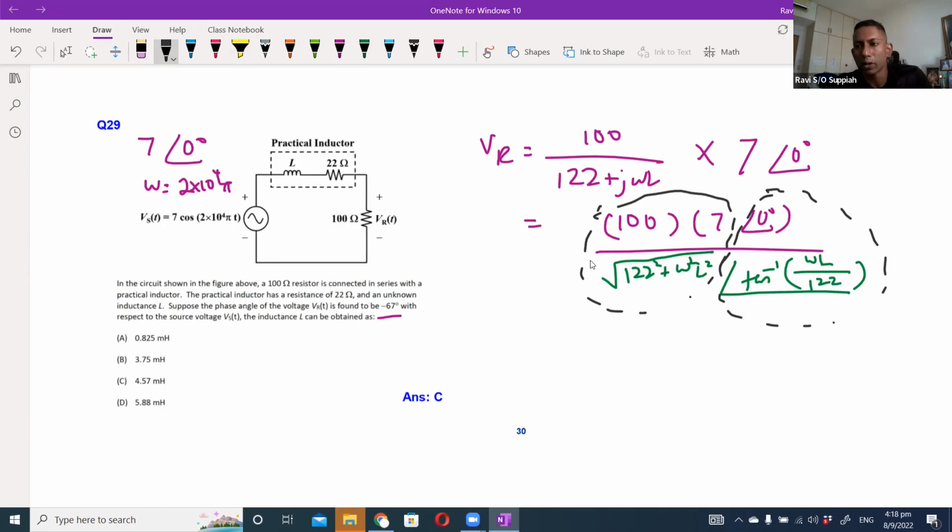If I focus on the phase of VR, we can say that this value, which is negative, why negative? It is 0 minus this angle, right? Because in polar form, the numerator angle subtracts the denominator angle. So this value is actually equivalent to 67 degrees.